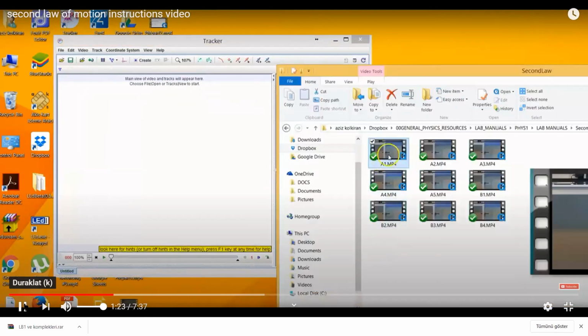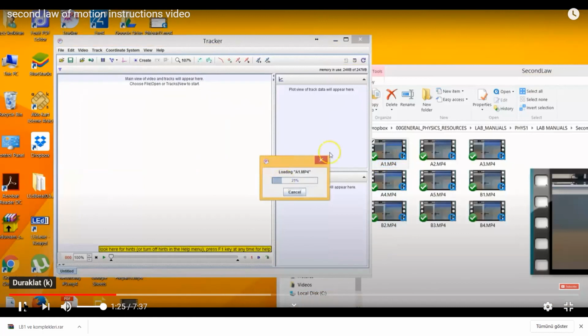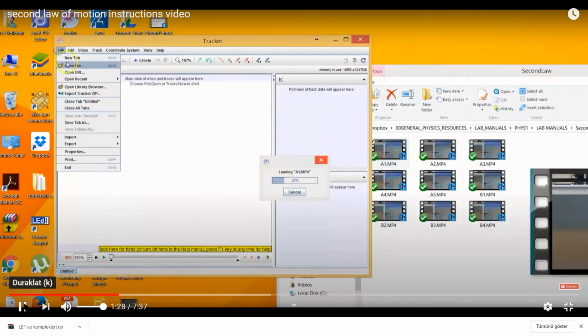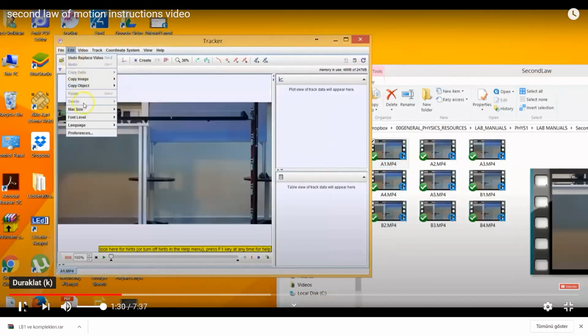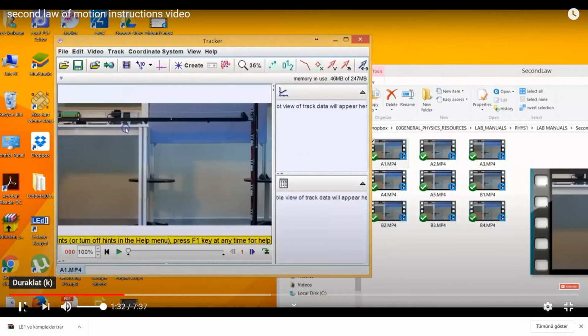After opening the Tracker program, we drag and drop the video we have downloaded to the screen so that it starts.